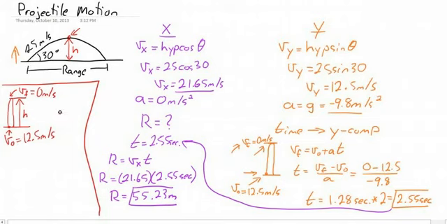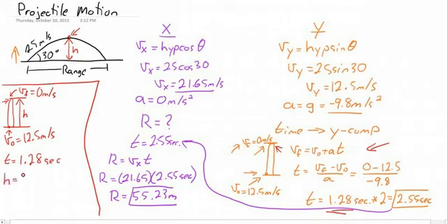So we can find height by first finding time. And we can find the time that it takes to go from this starting position to this finishing position in the same way we did over here. In fact, we already found the time it takes to get to its highest point, which was 1.28 seconds. So we can use that again and say that our time equals 1.28 seconds to get to the highest point.